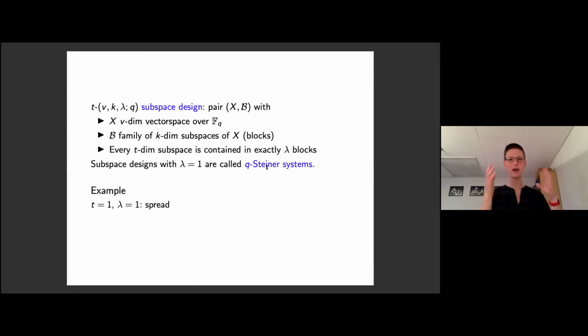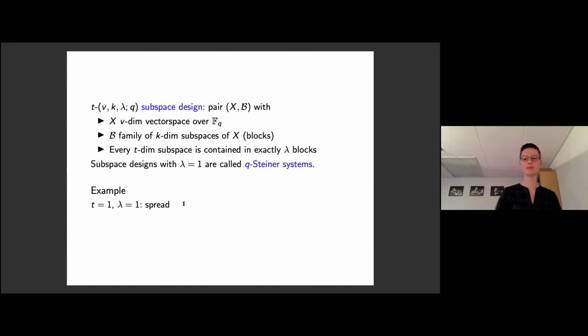I mean, people had found subspace designs for bigger lambda, but for lambda equal to 1, they somehow only also had t equal to 1. So this example with the spread, and it's a bit boring. I mean, we know what spreads are and when they exist.